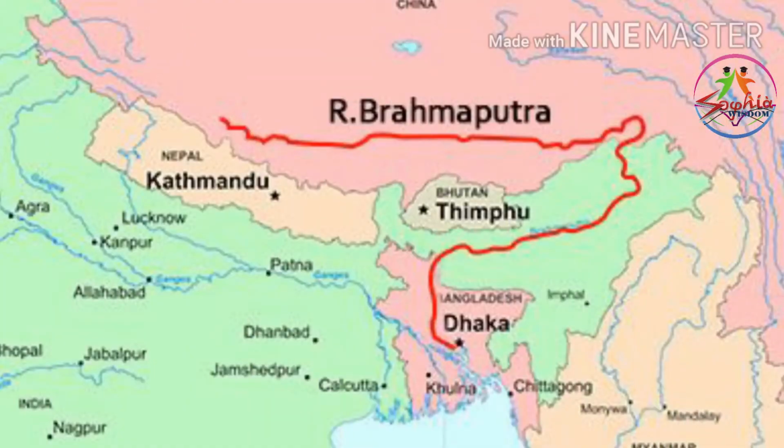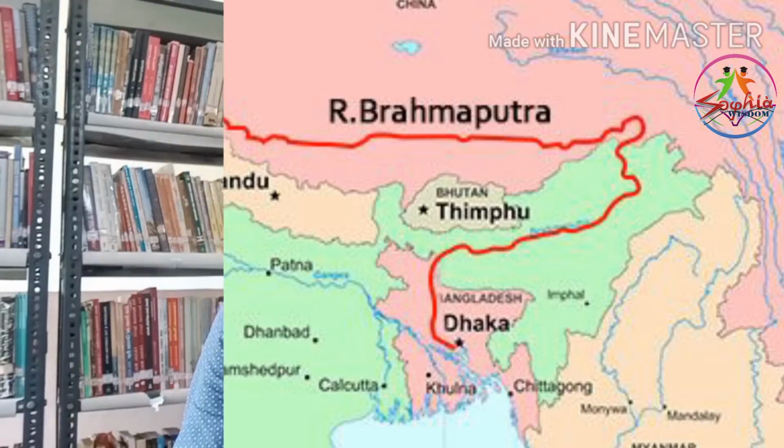The eastern part is found in the Brahmaputra Valley of Assam, and the feature responsible for its formation is the river Brahmaputra. Due to the flowing action of the Brahmaputra, the eastern part of the Indo-Gangetic Plain was formed.